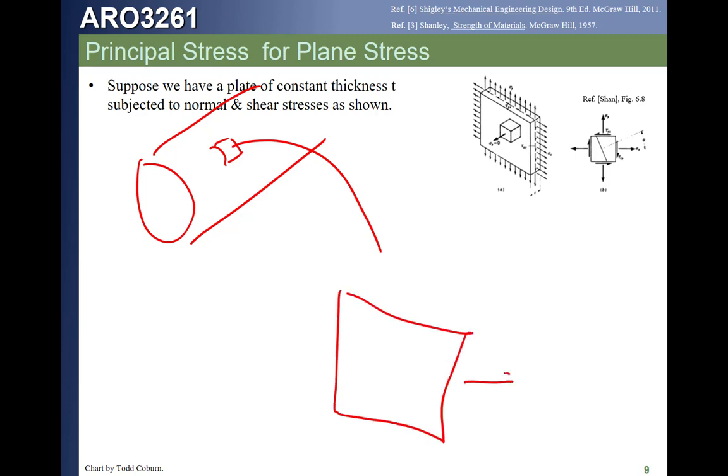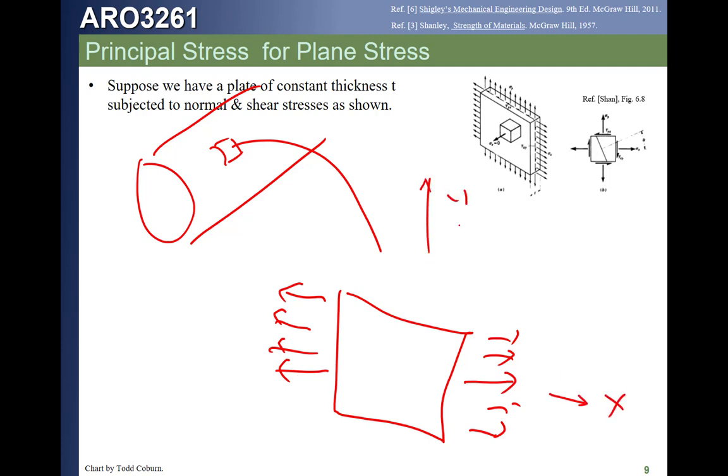We might have stresses in this direction, which we can show this way, with action-reaction pairs. That would be the x direction; in the y direction, we might also have a state of stress.